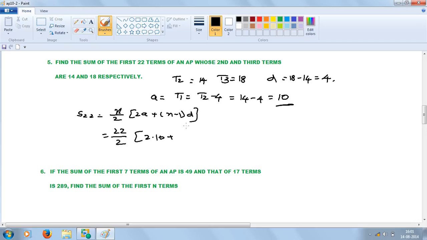Here n is 22, so this is 21 multiplied by D. The value of D is 4. So this makes it 11 multiplied by 2 tens are 20, plus 4 21s are 84, 94, 104.